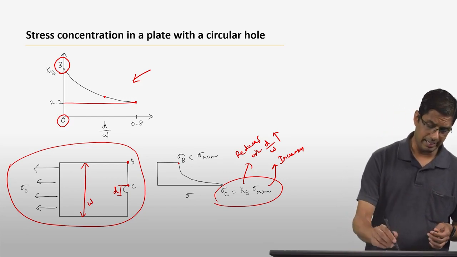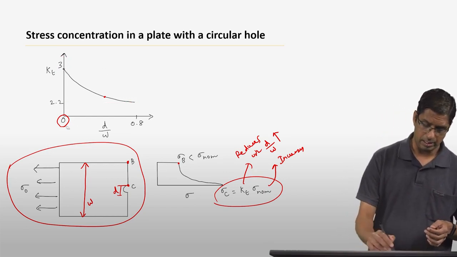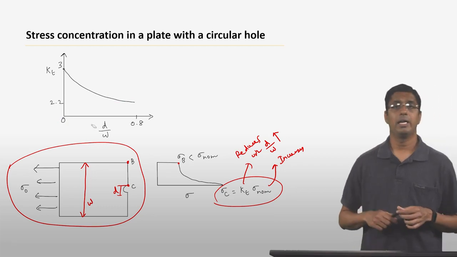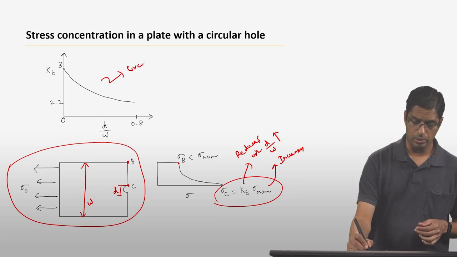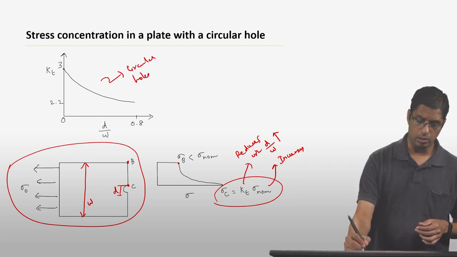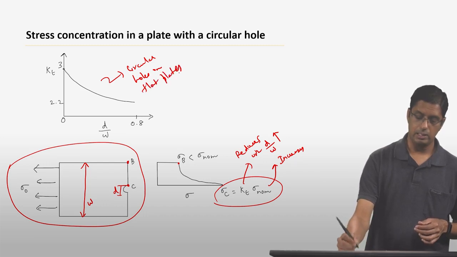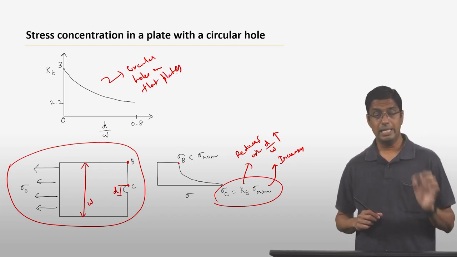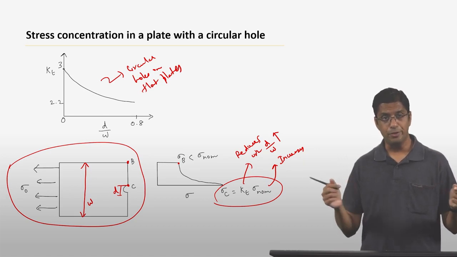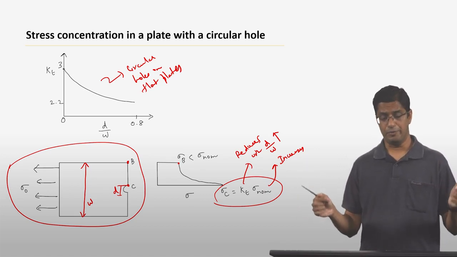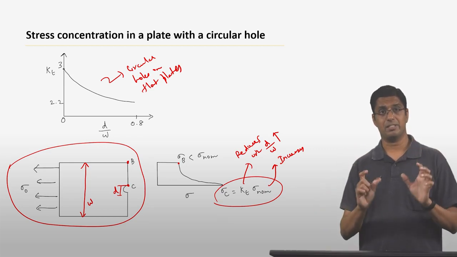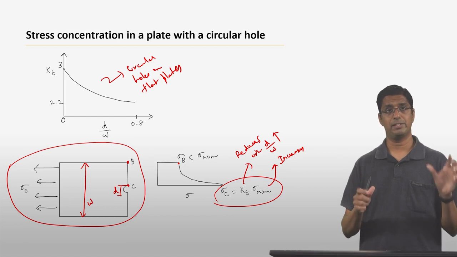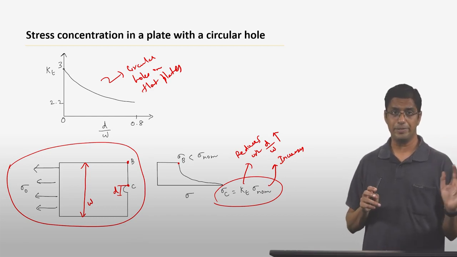Now, I want to talk about a couple of things here. This particular kT versus d over w curve is only true for circular holes on flat plates. And it is only true for the case where you have a uniform tensile load. If you take the same plate with a hole, but now if you bend it, the stress concentration factor will be different. The stress concentration factor essentially depends on the geometry.